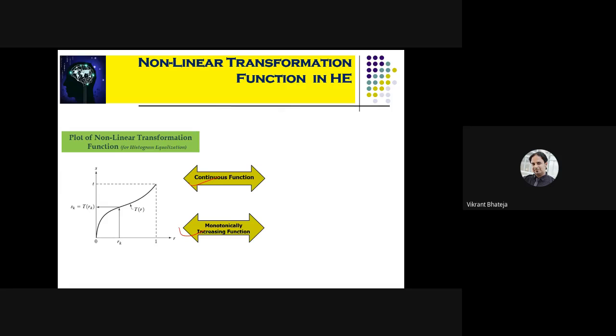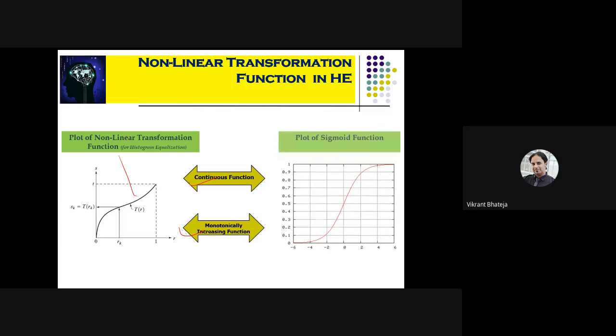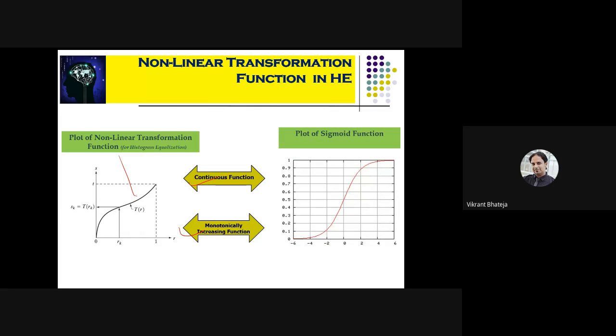So we have to think of a function which is non-linear like the sigmoid function, continuous in nature and monotonically increasing in nature. This is the attribute we are going to improve for the non-linear transformation function for histogram equalization.